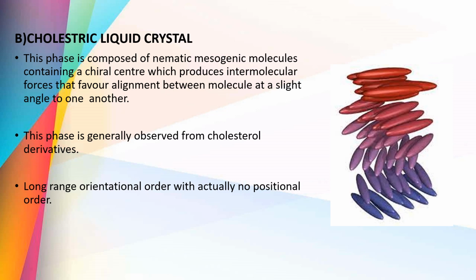In this case, the director varies in direction in a regular way. The structure might be similar to nematic, but each plane of the molecules is twisted with respect to the plane above it. When we move along a direction normal to the plane, the director rotates continuously, hence giving rise to the helical structure.